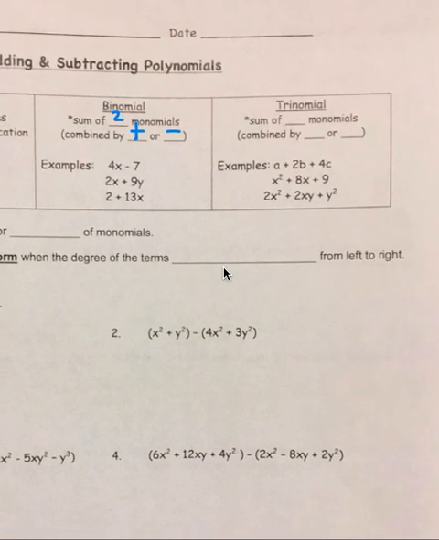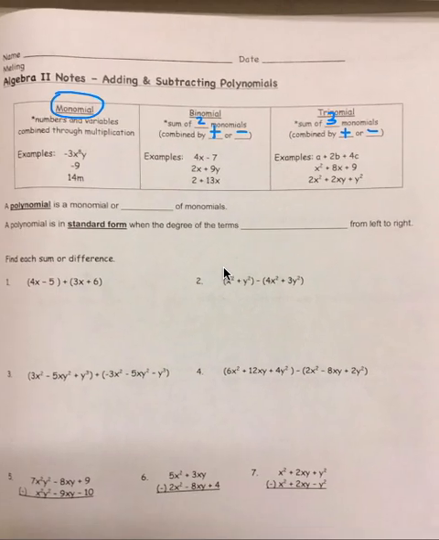And then trinomials, same type of thing: the sum of three monomials combined by addition or subtraction. You can see a plus 2b plus 4c, x squared plus 8x plus 9, and 2x squared plus 2xy plus y squared. So those are all different trinomials.